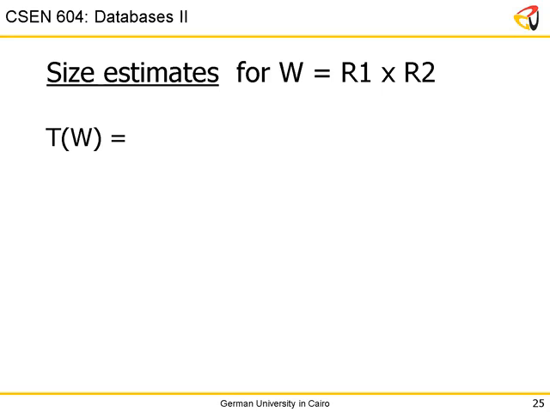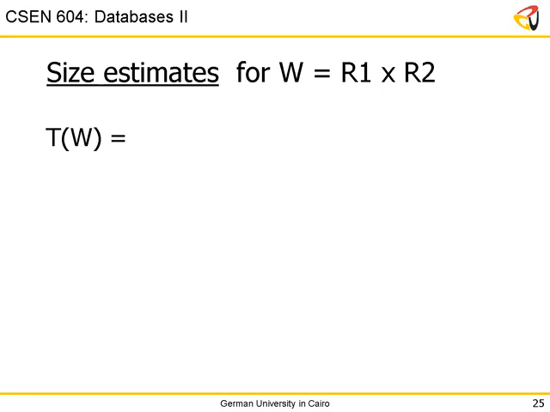So let's look at one where the estimate is actually the actual number. If I'm doing a cross product between 2 relations, R1 and R2, now remember, a cross product works like this. You retrieve one row from R1 and pair it with all the rows in R2. Then you retrieve the second row in R1 and pair it with all the rows in R2. And this goes on.